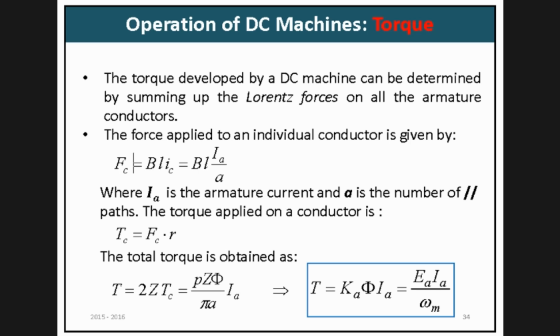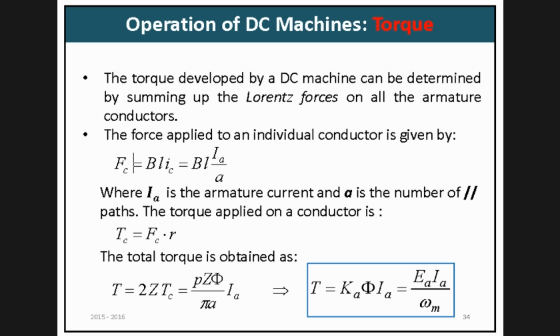So the force on a coil, Fc, is equal to B times L times Ic, where Ic equals the total armature current divided by the number of parallel paths.